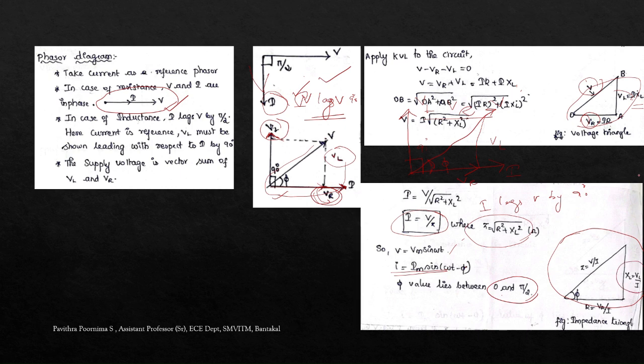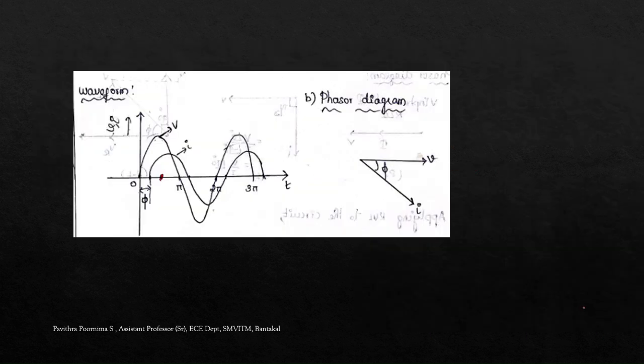VL equal to IXL according to the voltage triangle, so XL equal to VL divided by I. And this side, which is for total voltage V, Z equal to V divided by I. So all the sides we are representing in terms of impedance, because impedance Z is the combination of R and XL. So it's called an impedance triangle.